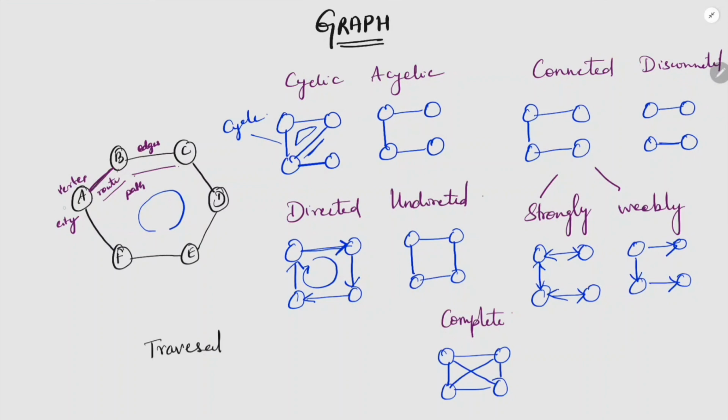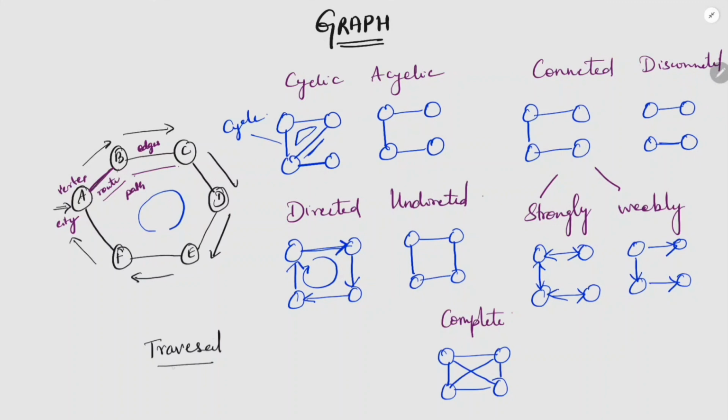So if I start from the vertex A, then one way to traverse the entire graph is to go from A to B, B to C, C to D, D to E, E to F, and F to A. Since this is an undirected graph, you can do the same thing starting from A to F and F to E, and so on. So this process of traveling through the entire graph, visiting each vertex at least once, is called a traversal.